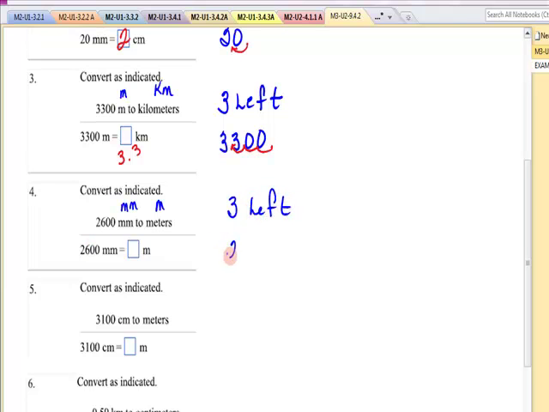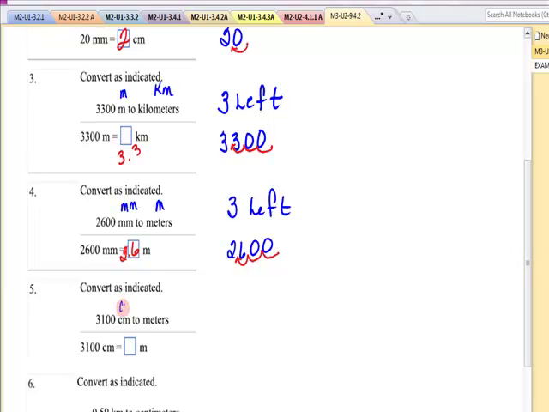Write down your number, 2,600. Where is its decimal point? These have turned out to be whole values so far. There's the decimal. Go 3 to the left. 1, 2, 3. Drop the decimal. This is 2.6 meters. That's what is so nice about the metric system. All you're ever doing is moving a decimal point.